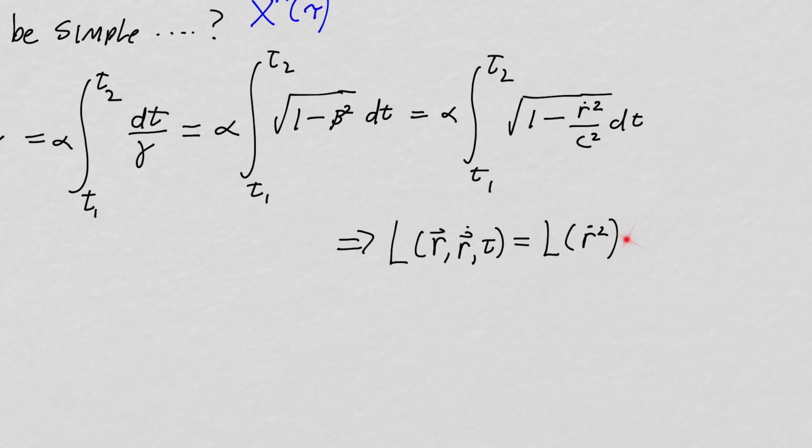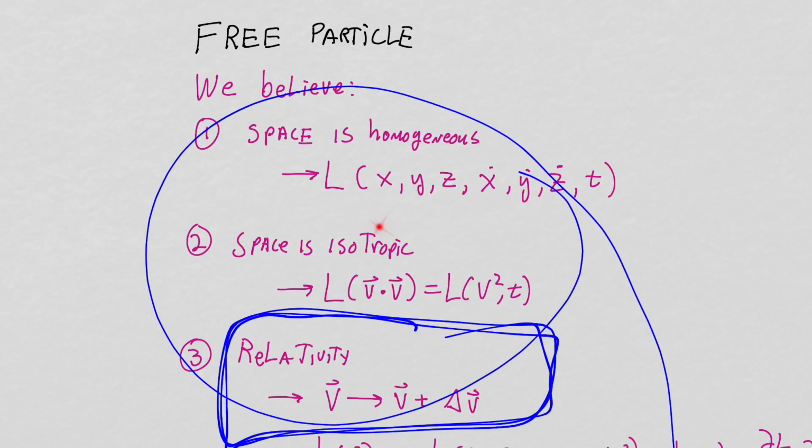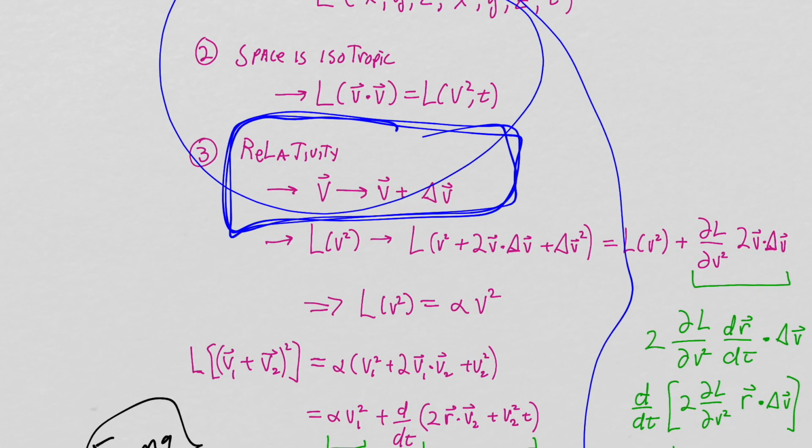Before, with isotropy and homogeneity, remember, we got L proportional to v squared once we did the homogeneity in time, but all we know is that it is a function of v squared. We had to actually introduce relativity to get that it was proportional to v squared.